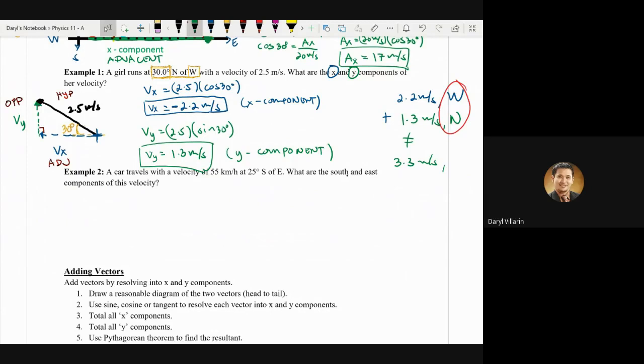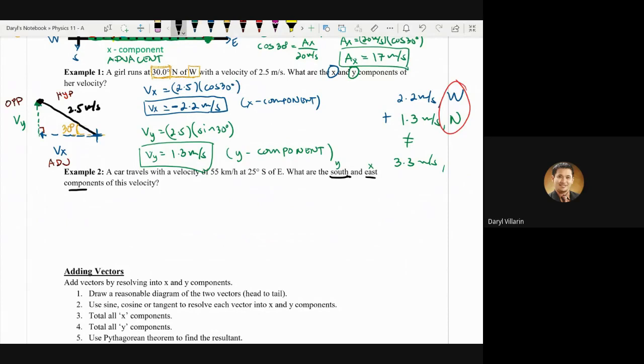In this particular case, we're just being asked for the south component and the east component. This is the same thing as your y and x components, so you could be asked this way. It only means the same thing: you're getting the x and y components of your velocity.